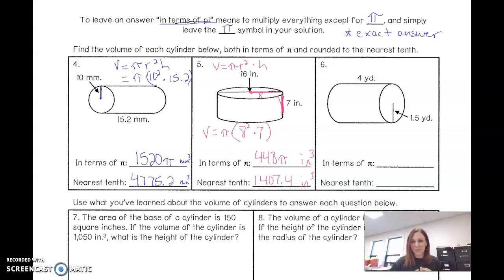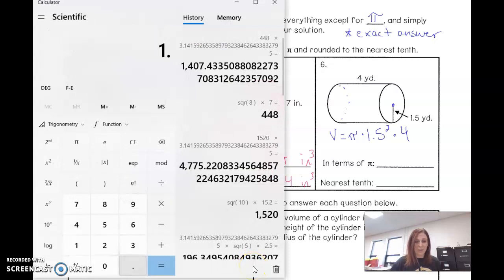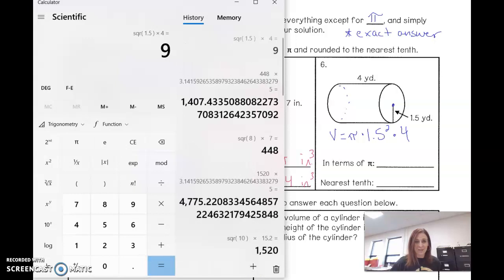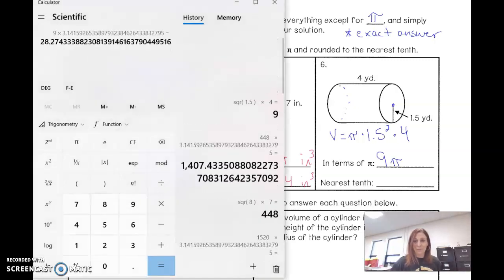Same formula, I'm going to use this right here. Volume equals pi times our radius. Okay, our radius is 1.5 squared times our height. Notice this is not vertical, but it's still the distance between these two circles. 1.5 squared times 4 gives us an exact answer of 9 pi. Okay, times that by pi for our approximate answer.